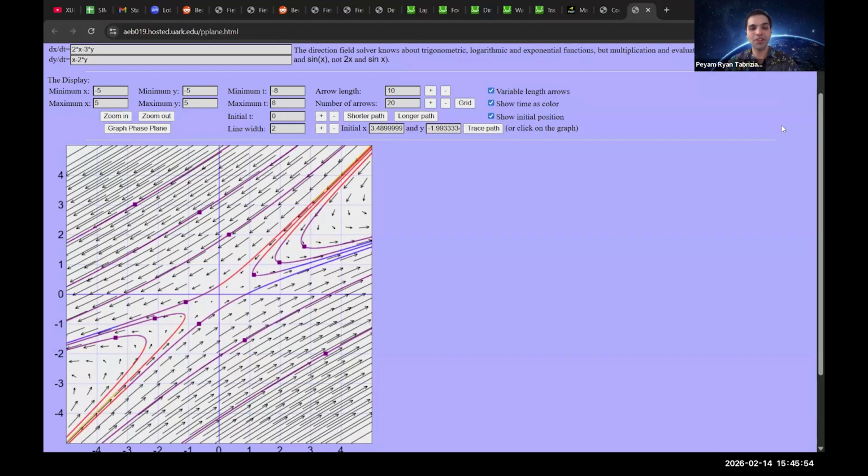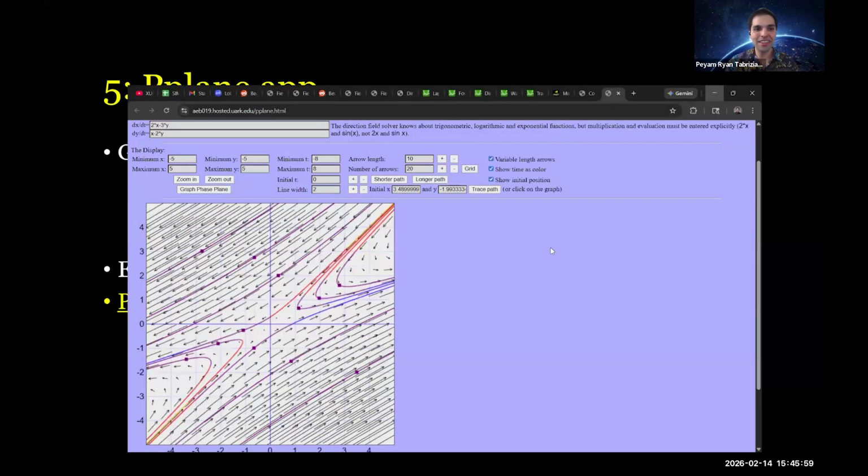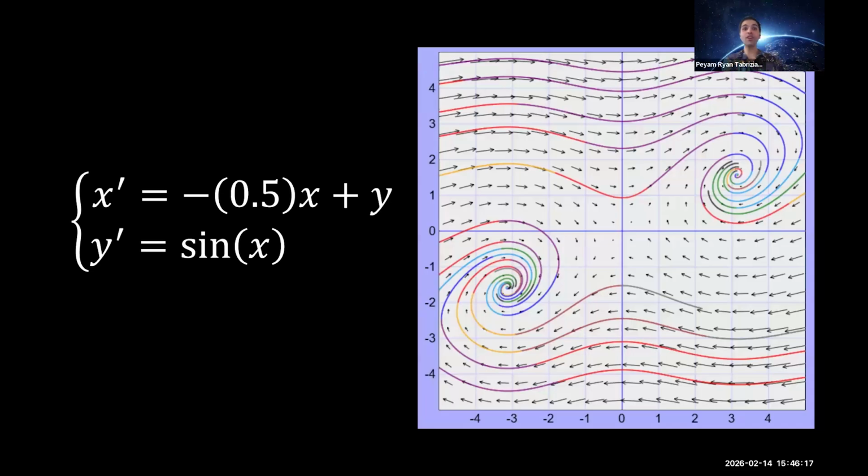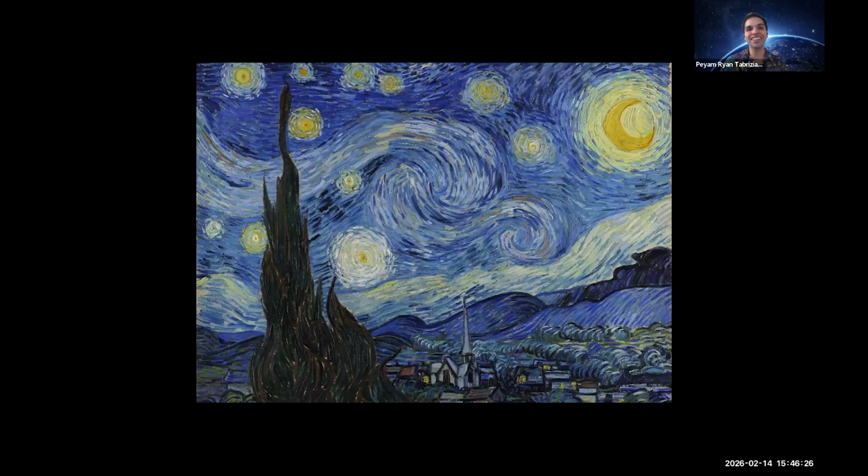And in fact, in this last part of the talk, I want to show you some really cool pictures in a segment I like to call Peyam, which is also my Instagram name. For instance, you have this equation x prime is minus half x plus y, y prime equals sine of x, which gives you the following phase portrait, which might be reminiscent of another famous painting, the Starry Night.